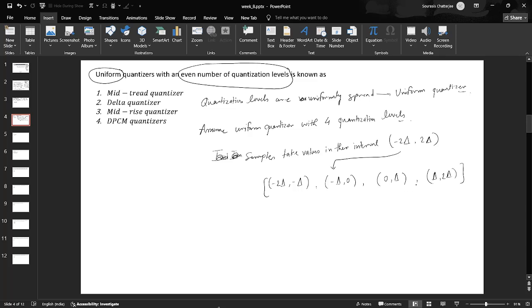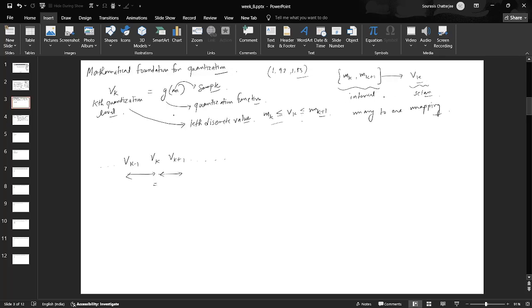I have broken down the entire interval into 4 parts. So these are 4 intervals, and for each of these intervals I am giving one quantization level. Remember what we talked about here: an interval being mapped to a scalar. That's what I am going to do.